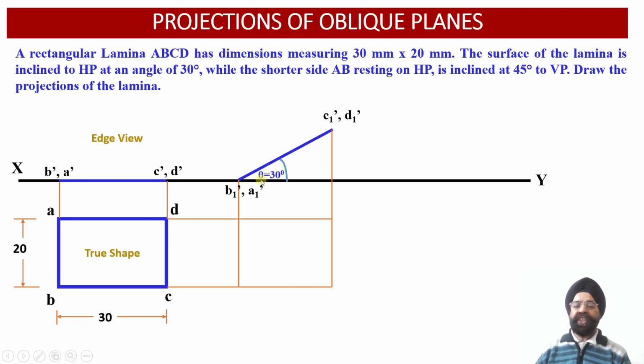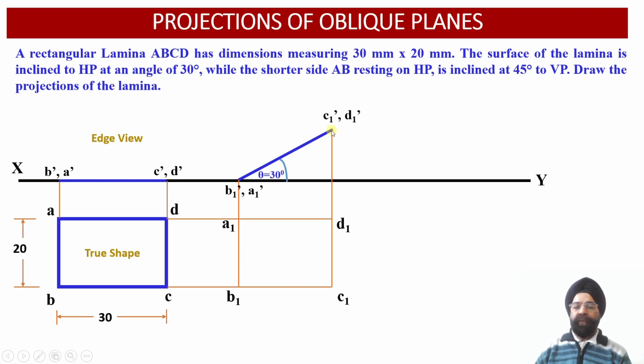Now let us find out the corresponding points. The intersection of the vertical projector through A1 dash and A over here will provide us with the point A1. Similarly, the vertical projector through B1 dash, wherever it intersects with the horizontal projector through the point B, we obtain point B1 over here.